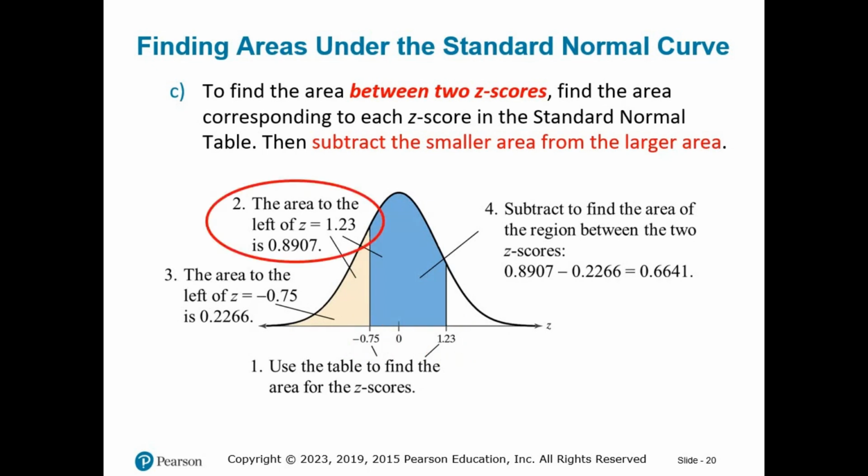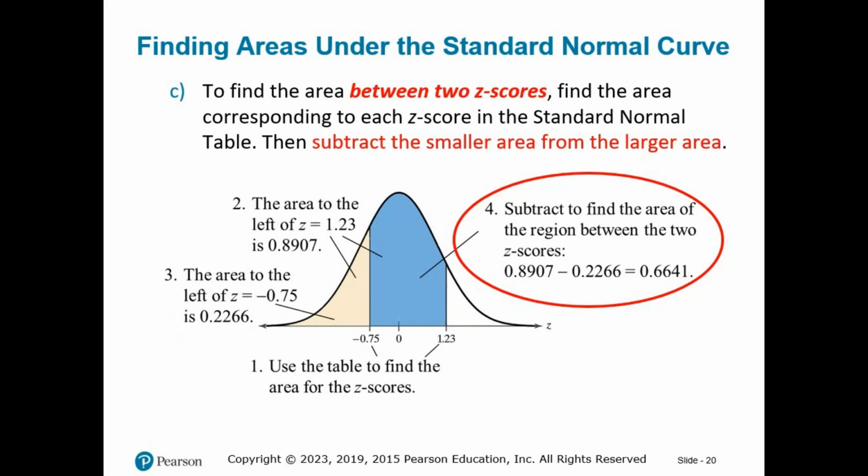Using the table, we come up with the area to the left of z equals 1.23 is 0.8907. That includes both the blue section and the tan section because they are both to the left of 1.23. Then we find the area to the left of z equals negative 0.75, which is 0.2267. That's just the tan section.